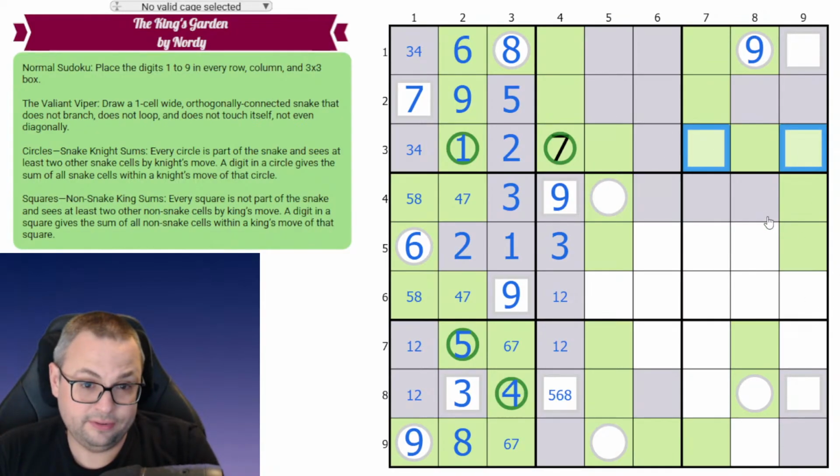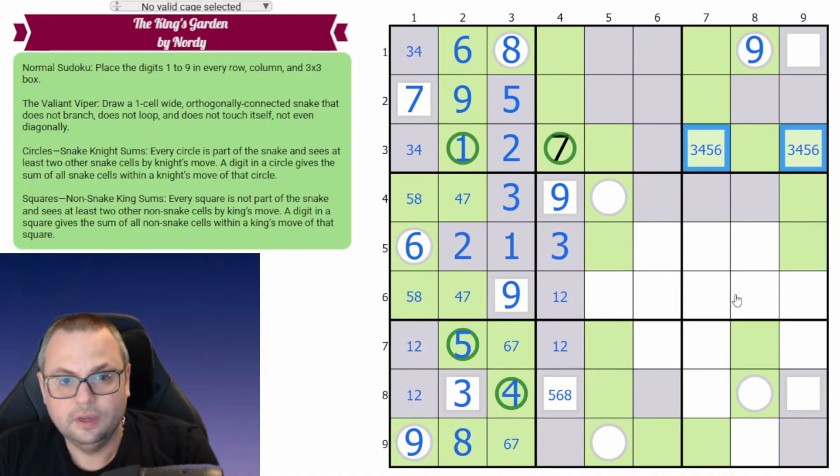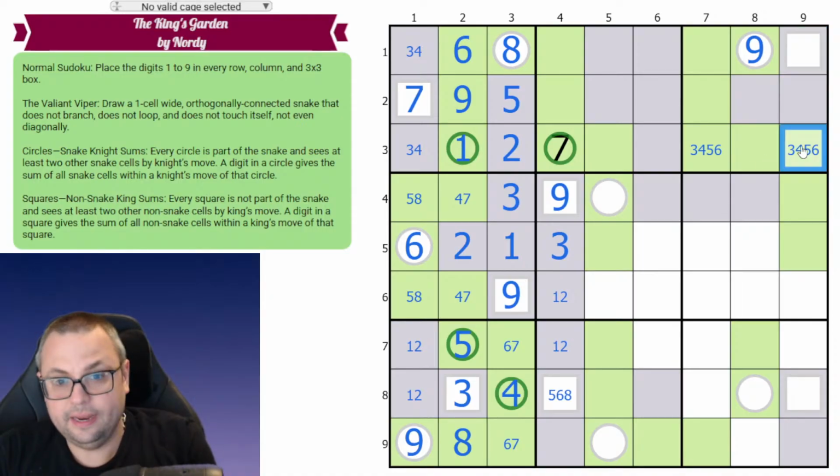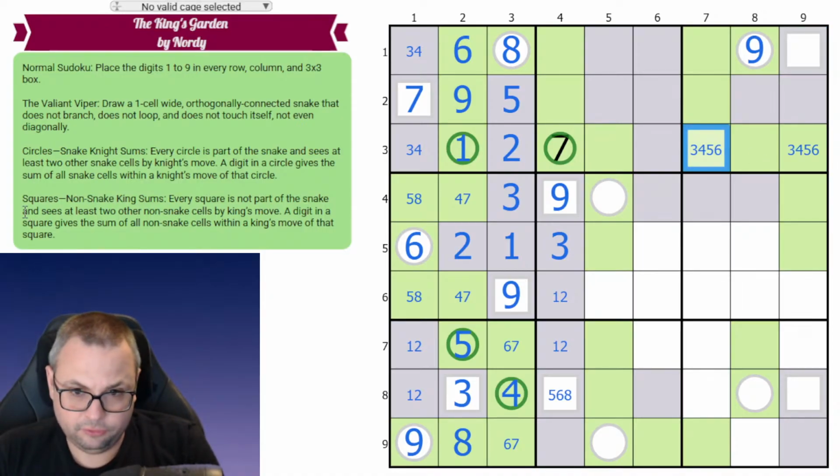So they're either 3, 6, or 4, 5. Some which way or the other. That is a virtual 3-4 pair. That's true. Oh, I see that that is seen by this circle, I suppose.